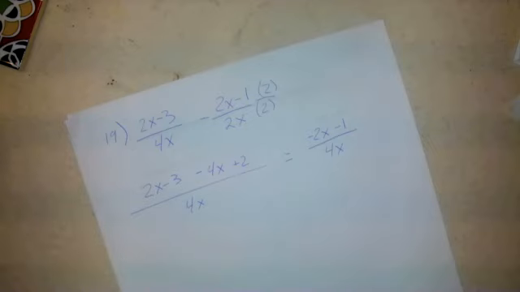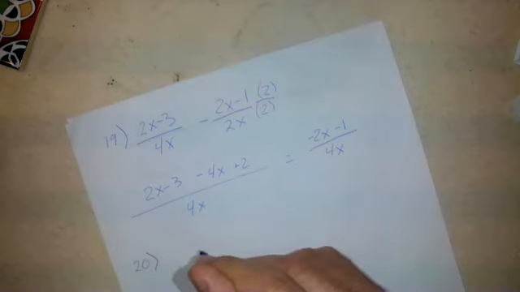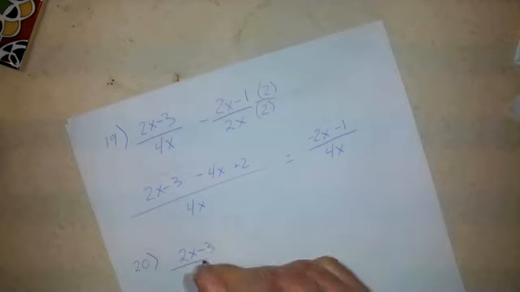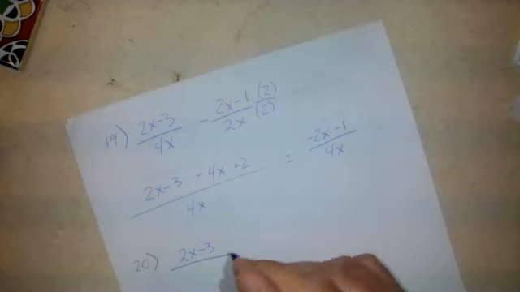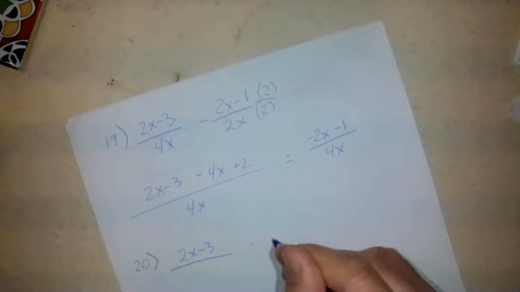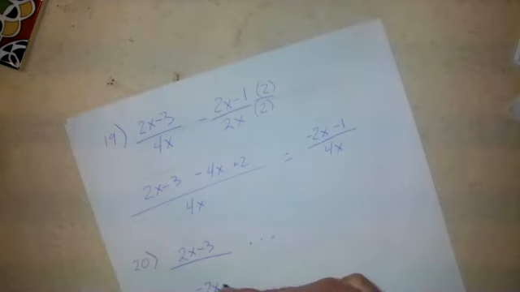Number 20. It's the same group, so it's still simplify or solve. This time we have an equal sign, so I will be solving. It is the exact same thing, dot, dot, dot. It's just that this one equals 0. I'm going to say negative 2x minus 1 over 4x equals 0.